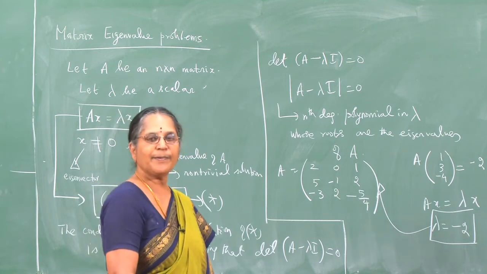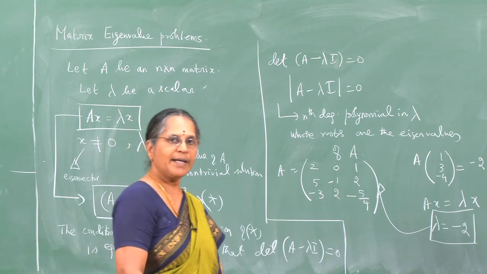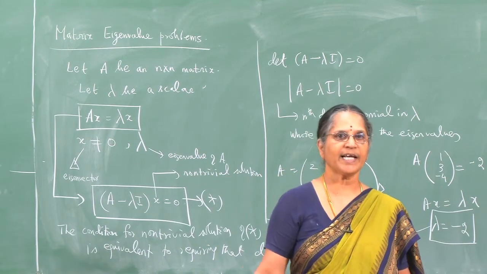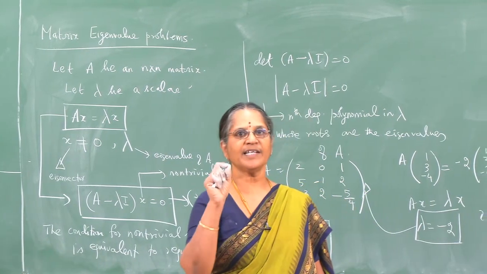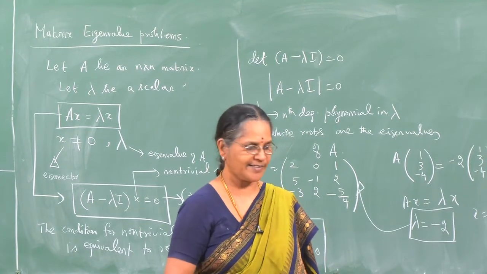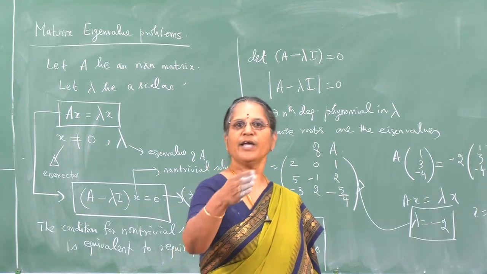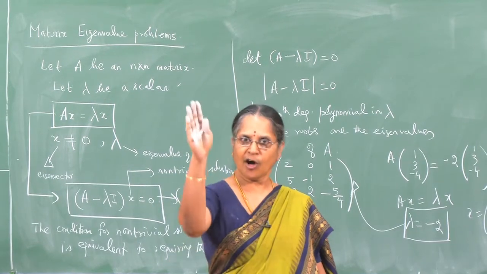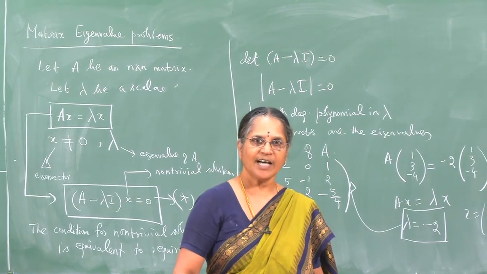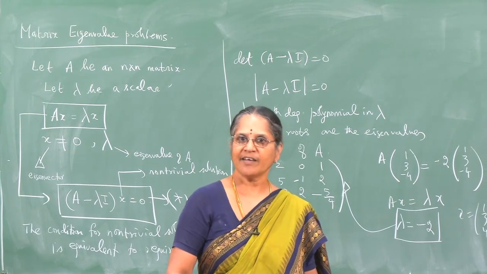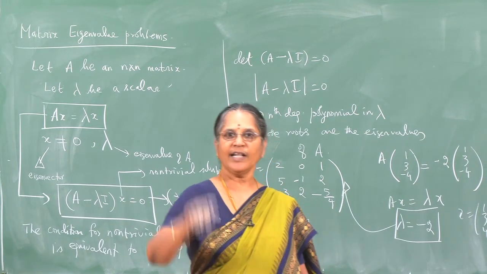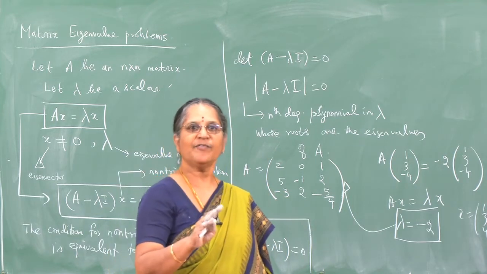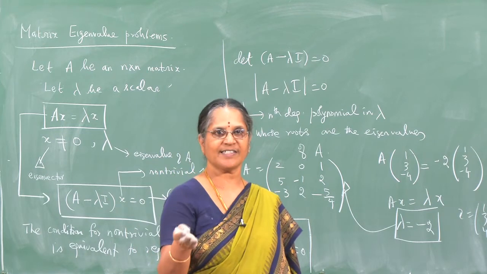So, we develop in this course a method known as the power method, which computes numerically the most dominant eigenvalue of a given matrix A. You may ask why only the most dominant eigenvalue and why not all the eigenvalues of a matrix. Of course, numerical methods are available for computing all the eigenvalues numerically for special classes of matrices.